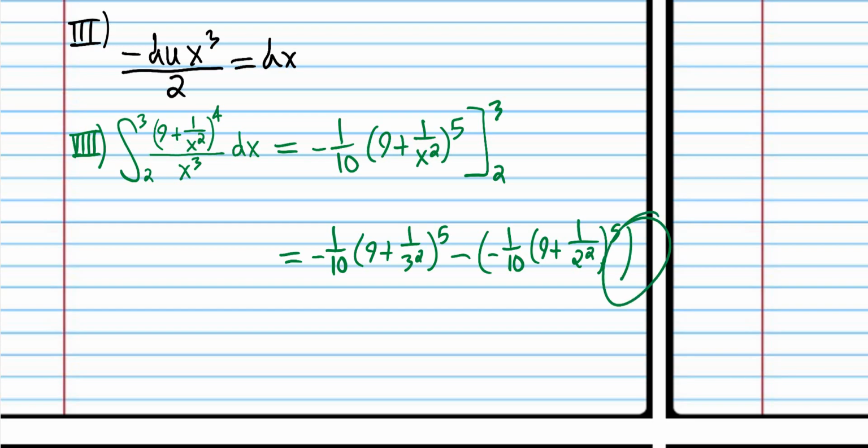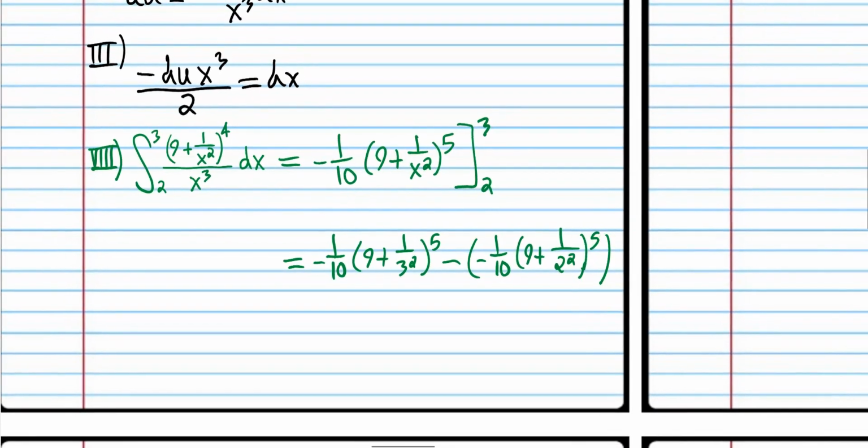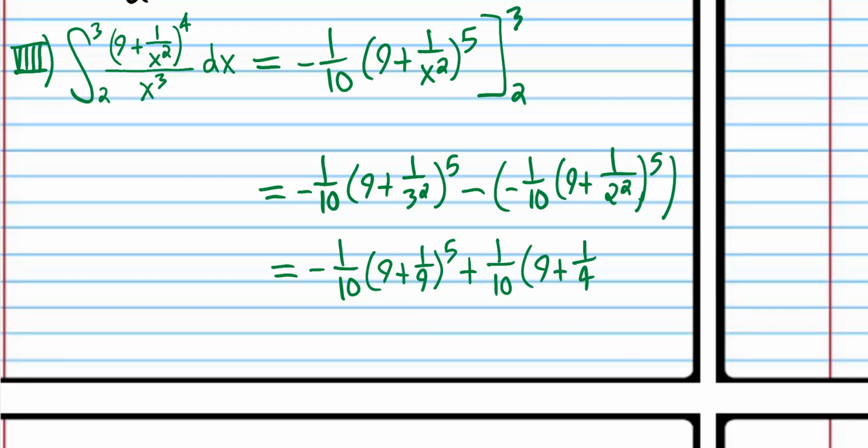We need another parenthesis there. There's a lot of parentheses involved here, so we need to double check. Looks like everything is correct. So we have negative 1/10 times 9 plus 1 over 9 to the 5th power, plus we got a double negative, 1 over 10 times 9 plus 1/4 to the 5th power.